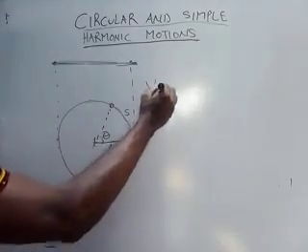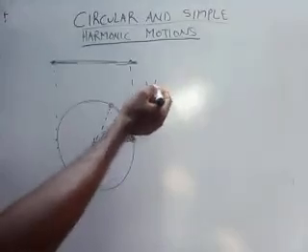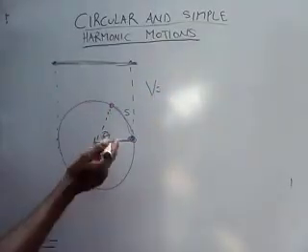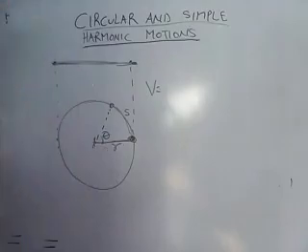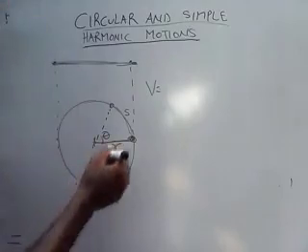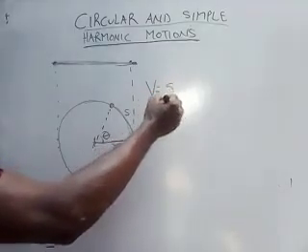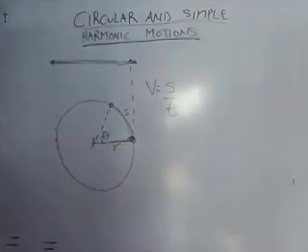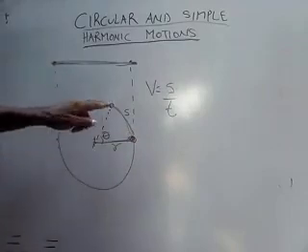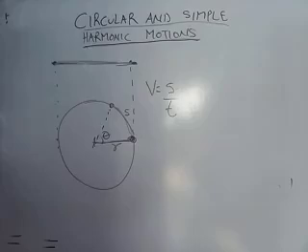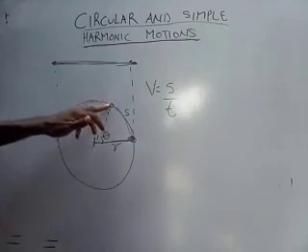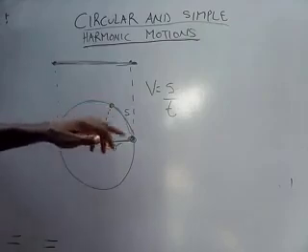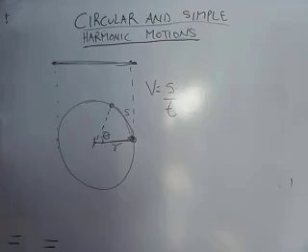Let's take the amplitude as the radius. Linear velocity is displacement over time. That means displaced from this point to this point with respect to time. At time 0 it was here, at time t it was here, and the displacement is S. It has been displaced.